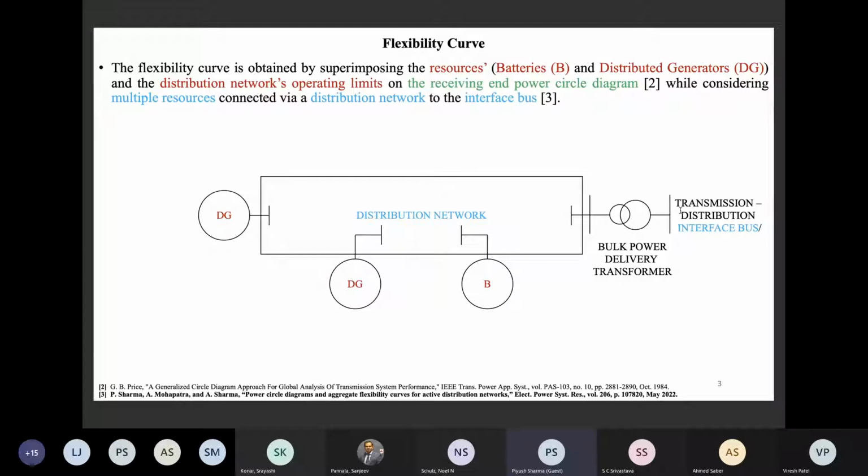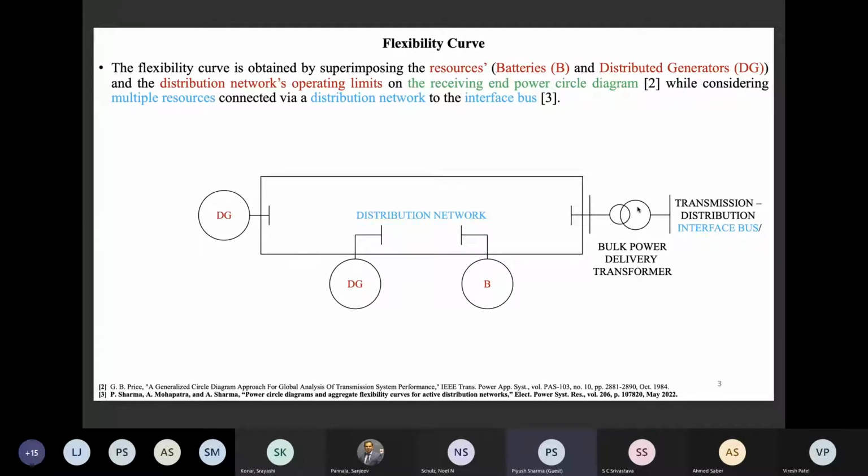So on similar lines, we can also obtain a power circle diagram while considering these multiple resources connected via a distribution network to the interface bus. Such circle diagrams have been reported in one of our publications very recently, and then we can superimpose the operating limits of these resources as well as the operating limits of the distribution network on the diagram to get the aggregate flexibility curve.